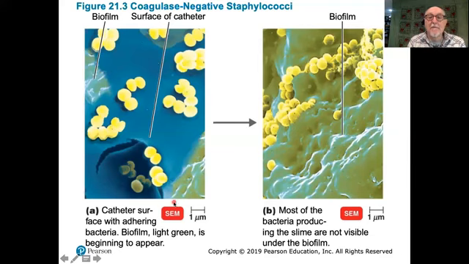A furuncle typically has very inflamed tissue, a collection of pus, and then a head to it, an area at the surface of the skin which becomes necrotic and eventually will come loose, and the boil expresses, and the pus leaves the boil. That's often sufficient to begin a healing process.